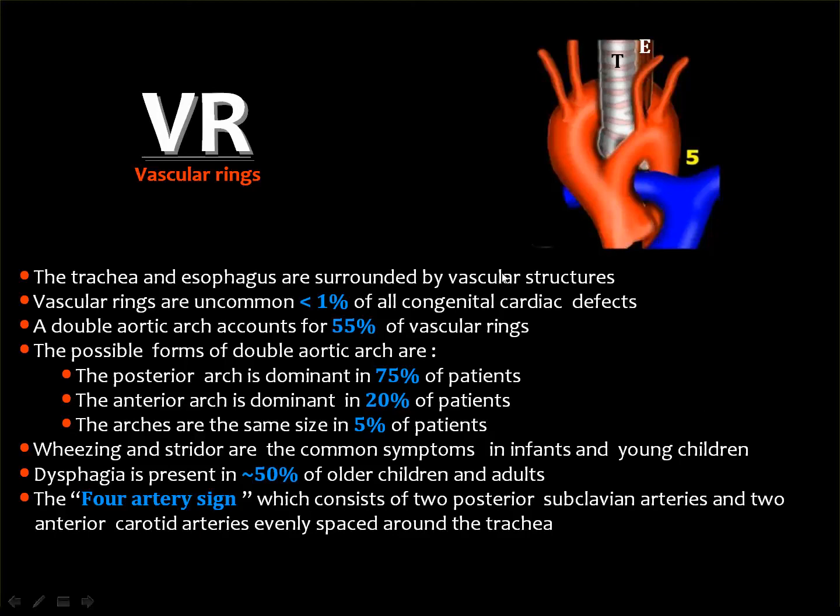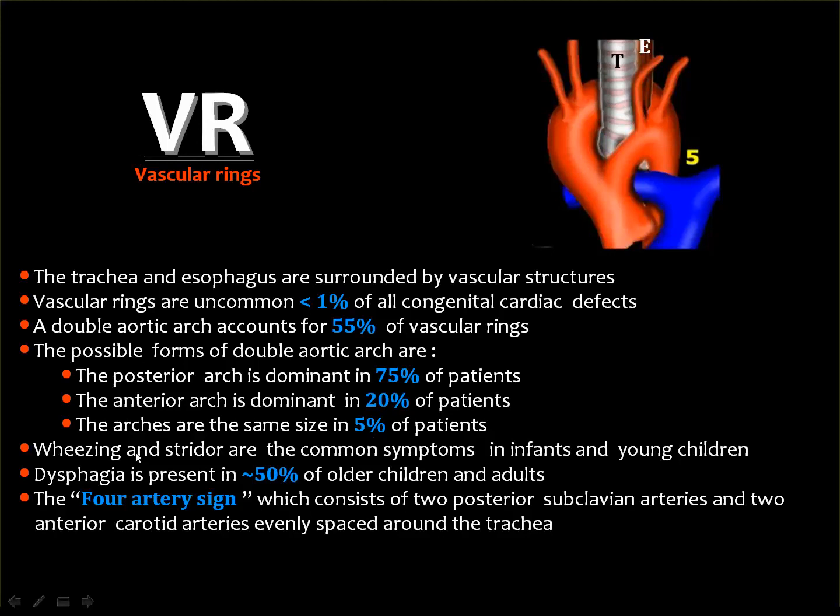Either the posterior arch is dominant over the anterior arch, and this is the most common, 75%. The anterior arch is dominant, and this is 20%. Both arches are of the same size, and this is only 5%.